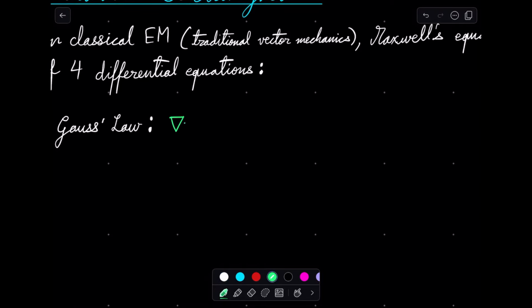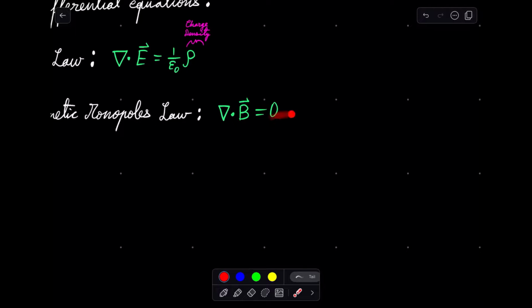This law says that the divergence of the magnetic field is 0. Basically, it's saying that there is no such thing as a magnetic charge density, because while there's an electric charge density, there is no magnetic charge density.